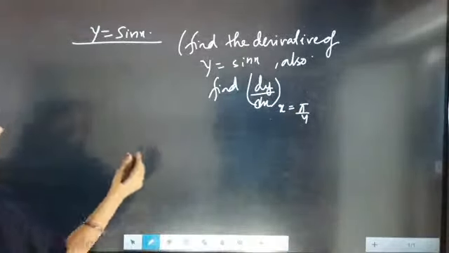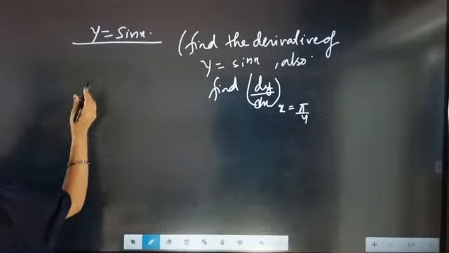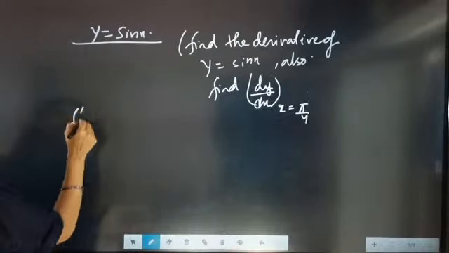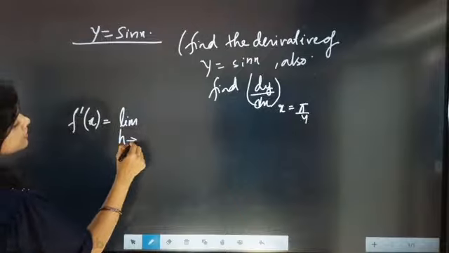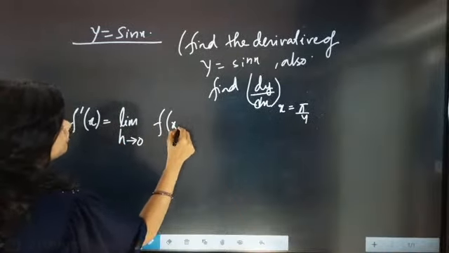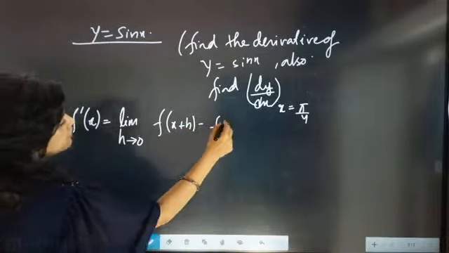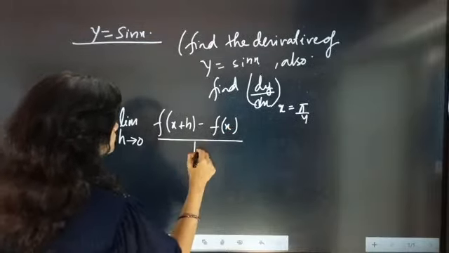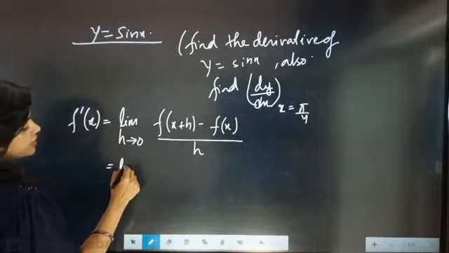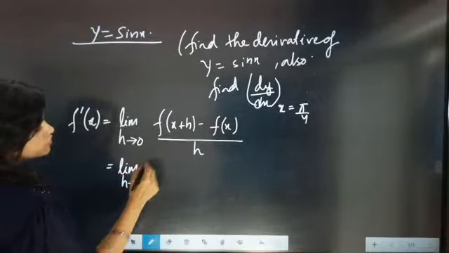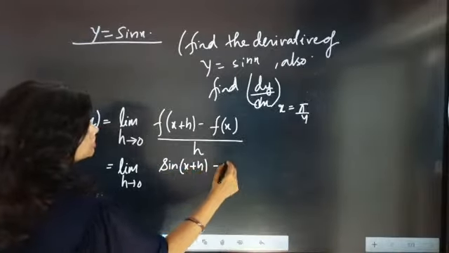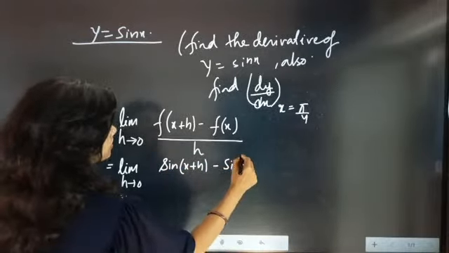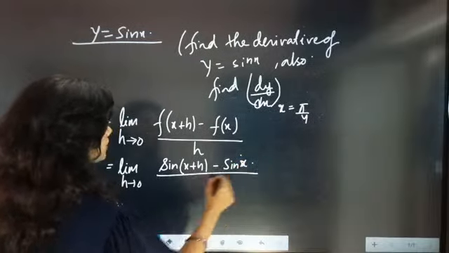By first principle, dy by dx or f dash x will be equal to limit h tends to 0, f of x plus h minus f of x by h. Here it will become sine of x plus h minus sine of x by h.